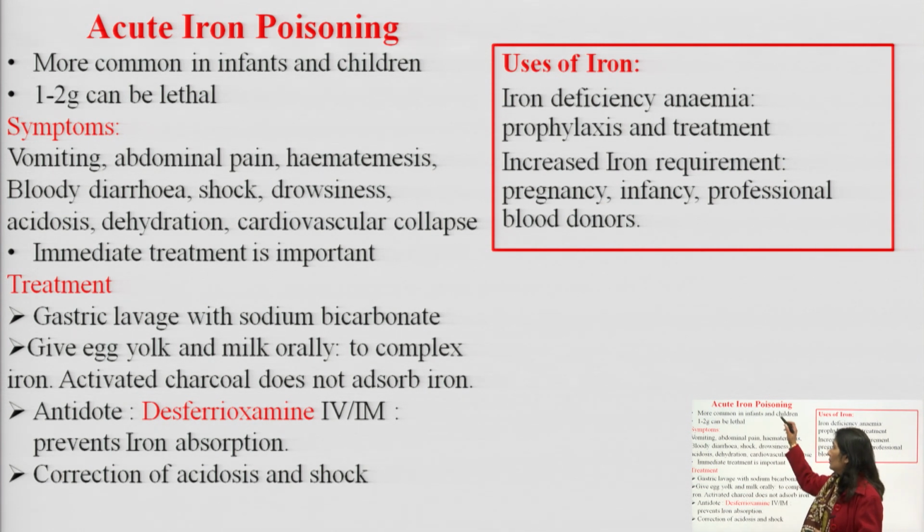So, what is acute iron poisoning? Acute iron poisoning is more common in infants and children. 1 to 2 grams can be lethal.